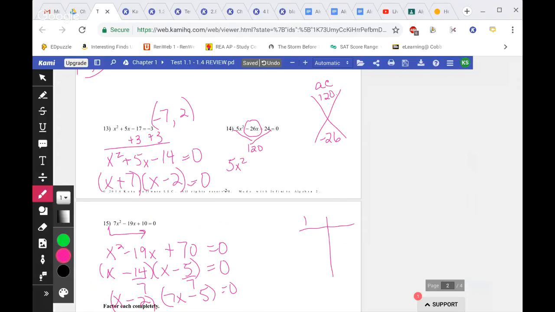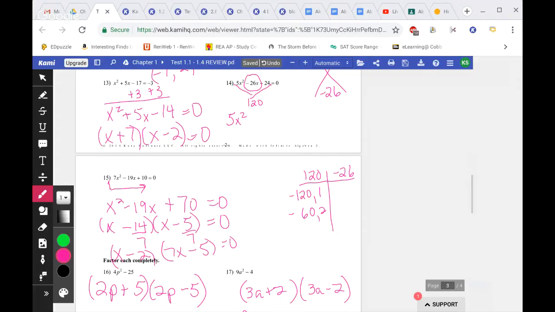Yeah, that's a little much. So obviously my bigger number is going to have the negative. So I would do a negative 120 and 1, which obviously that doesn't work at all. Right. And then we've got negative 60 and 2, which that would give us a negative 58. So we're getting kind of close. Right. Getting smaller anyway.